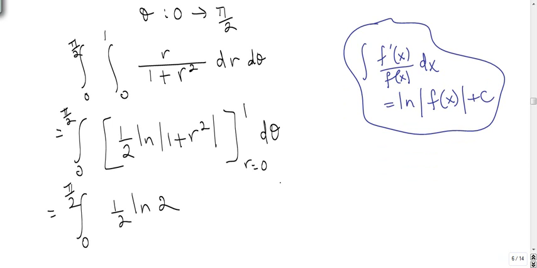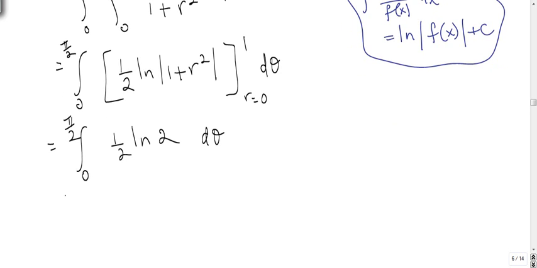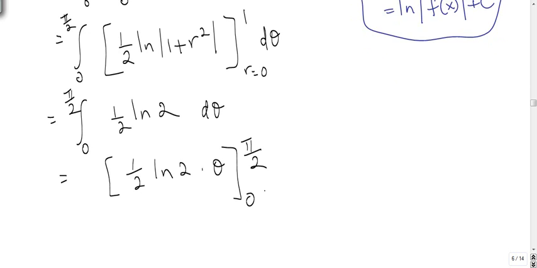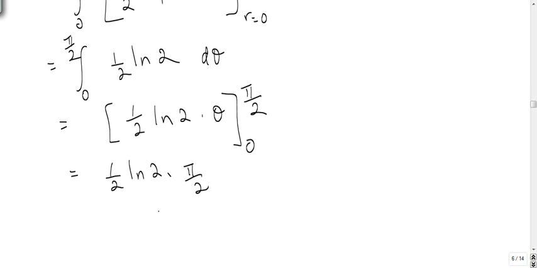And put a 0, you get ln of 1, which is 0. So you're done here. Integrate further: 1/2 natural log of 2 times theta from 0 to pi over 2. Put in the limits, you get 1/2 natural log of 2 times pi over 2, which ends up being pi over 4 natural log of 2.